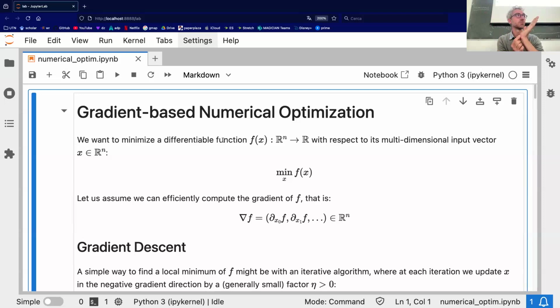It works in practice. But you cannot have functions that have discontinuities everywhere because then we cannot use gradients. But again, in robotics, in many applications, this assumption holds in practice, so it's fine. Or we can introduce some approximations to make it hold even when it doesn't hold for real.